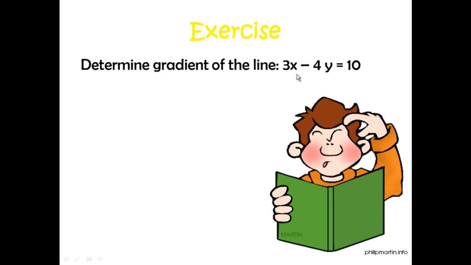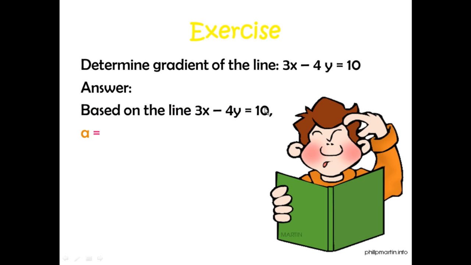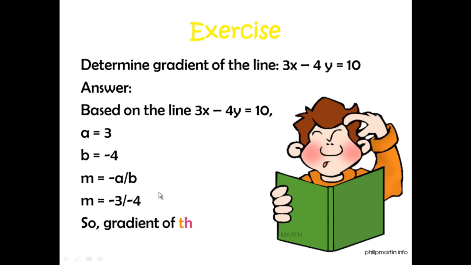Please determine the gradient of 3x minus 4y equals 10. A is 3 and then b is negative 4 and then c is 10. So the gradient is negative a over b. So negative 3 over negative 4. The answer is 3/4.